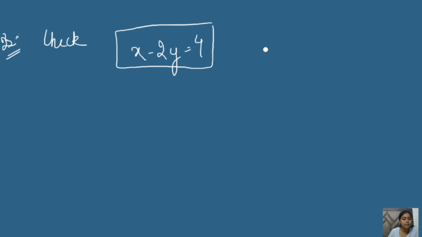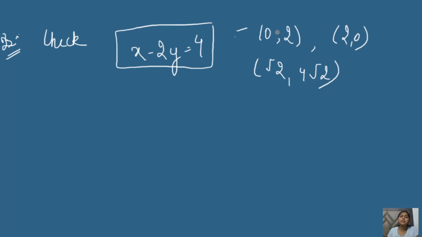We are given certain points: (0, 2), (2, 0), (root 2, 4 root 2). We just have to find out whether these are solutions or not. To find out whether it is a solution or not, we just have to put the values of x and y in the equation and match whether it matches the right hand side of the equation or not.